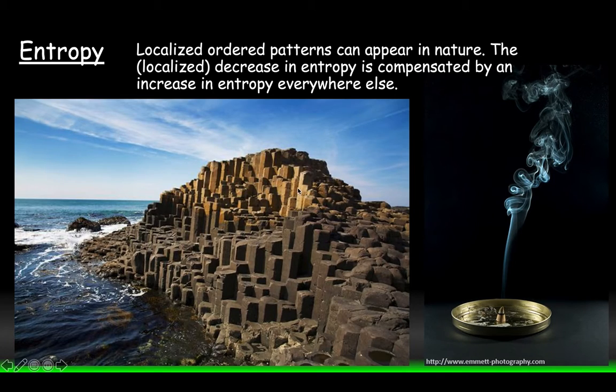So I could see these rocks and say locally, these rocks seem to be in a very low entropy state. But in order to form a configuration of rocks like this, the total entropy of the entire Earth must increase. And so the amount of disorder around the region where these rocks are formed was decreased, but the total amount of disorder within the entire Earth has increased to compensate for the decrease in disorder there.